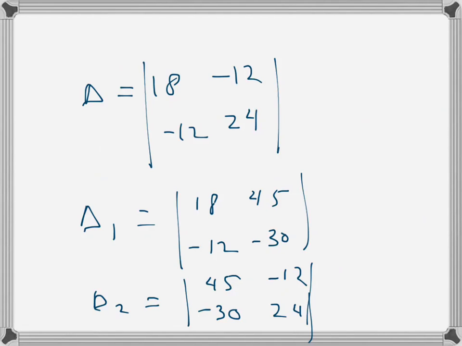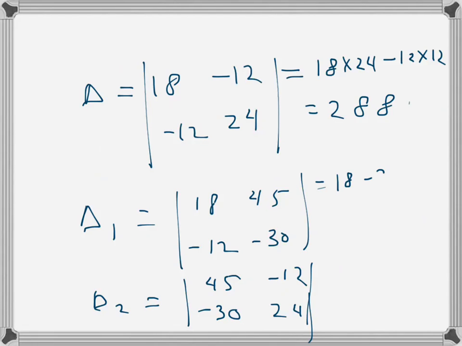Then the other determinants are formed by replacing a column with 45 and minus 30. So for delta, it will be 18 times 24 minus 12 times 12, and that is 288.